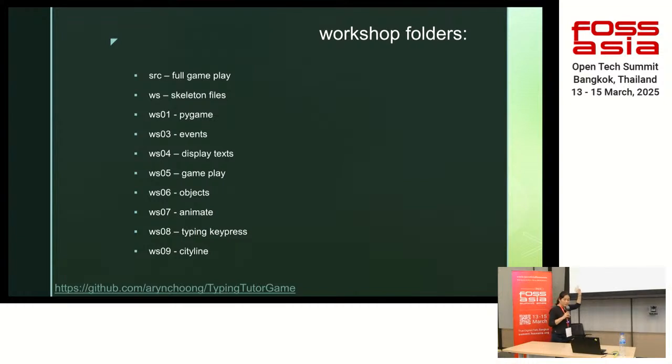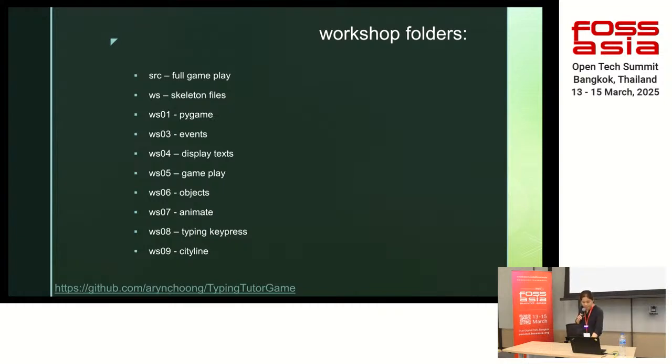And the workshop directory, just plain WS, has the skeleton files. If you want to just have the skeleton files and try to create the game with your own typing words, feel free to use that one. And as we go along the workshop, we'll say, okay, this is workshop 1, 3 files. You just compile that one, and then it would be for that workshop.